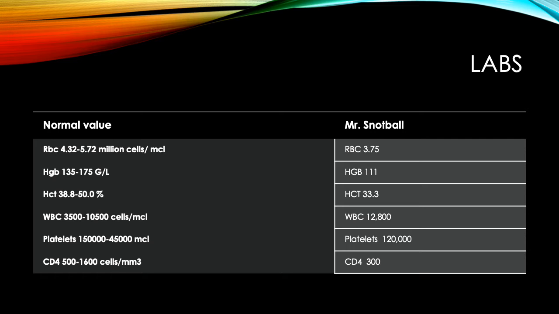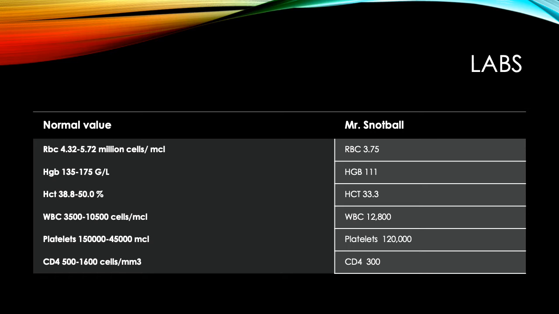Mr. Snotball's doctor ordered a rapid flu test, which came back negative. The physician also ordered a CBC to be drawn, or a complete blood count. Here are the results. On the left side, we have the normal values, and on the right side, we have Mr. Snotball's lab values.